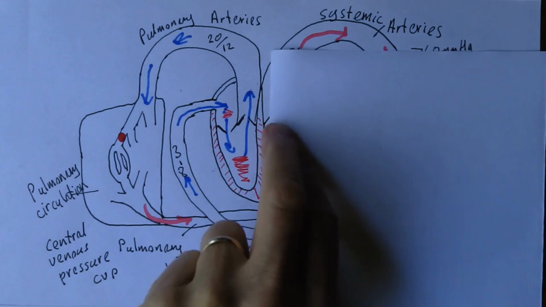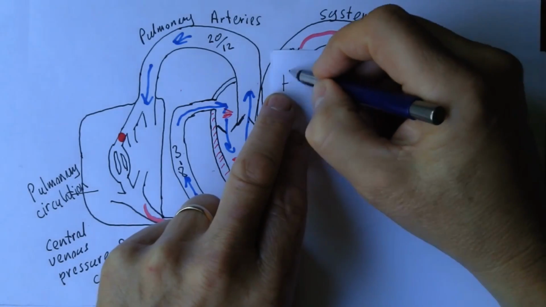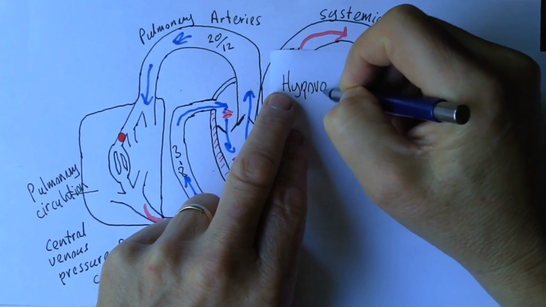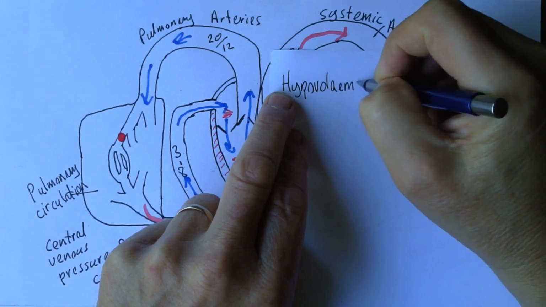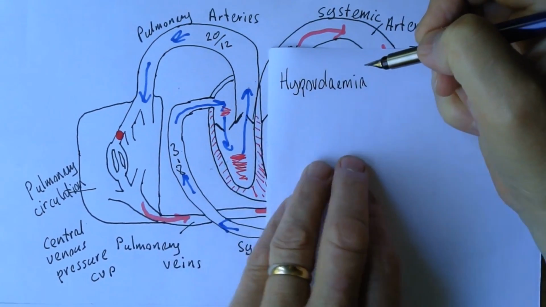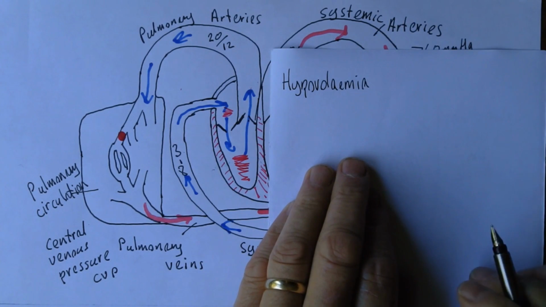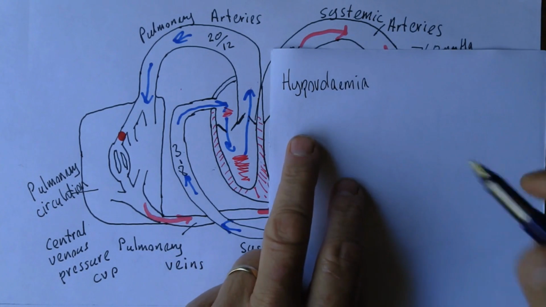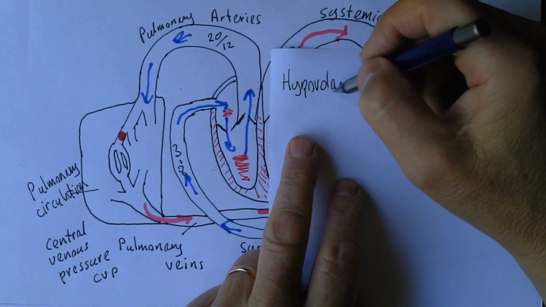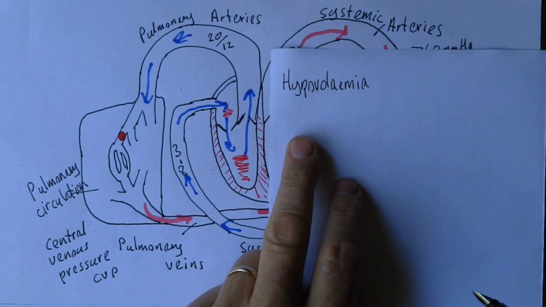And if someone loses a lot of blood, or indeed if they lose fluid of any sort, they're going to eventually become hypovolemic. Low volumes, hypovolemia, in the blood.